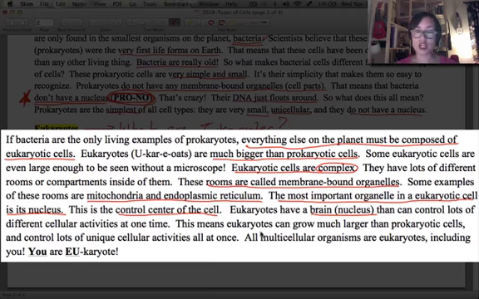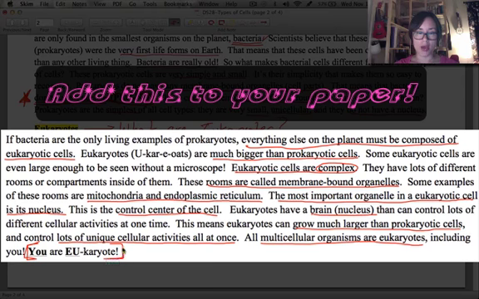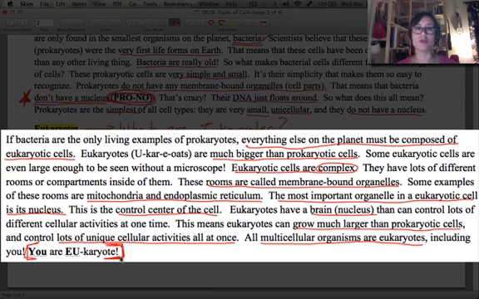This means that eukaryotes can grow much larger than prokaryotic cells and control lots of unique cellular activities at once. All multicellular organisms are eukaryotes, including you. And the memory clue to help you remember that is right here. You are a eukaryote. You are a eukaryote.